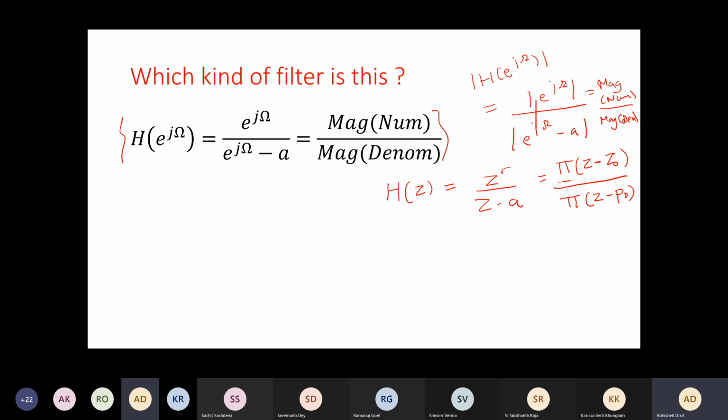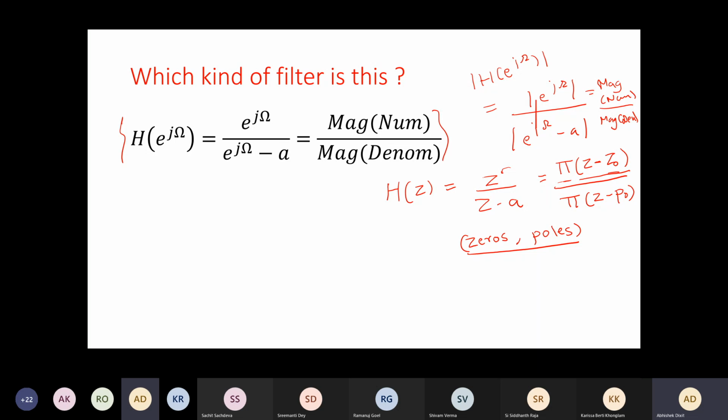So these Z naught are known as zeros and the P naught are known as the poles. Understand what I am saying. H of z is normally numerator divided by denominator, and I have factorized the numerator and denominator in terms like this.